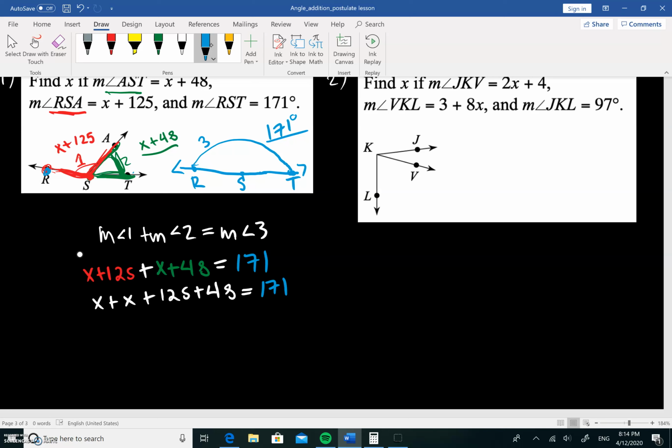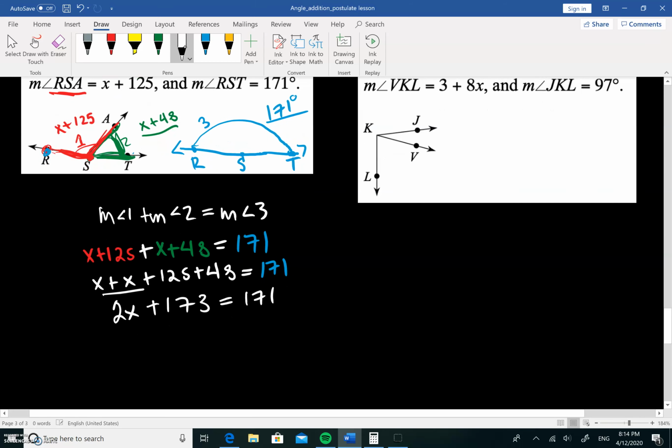You can think about this as maybe like 5 plus 10 is the same thing as 10 plus 5. All right, so this is going to simplify to 2x. We have 2 x's in total. And then 125 plus 48, that's going to be 173. So 173, and this is equal to 171.